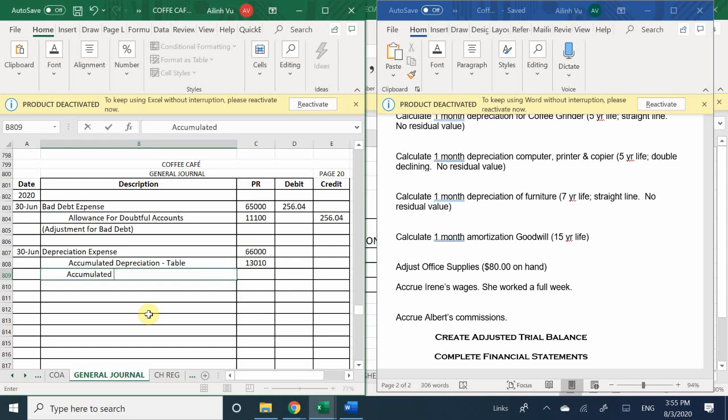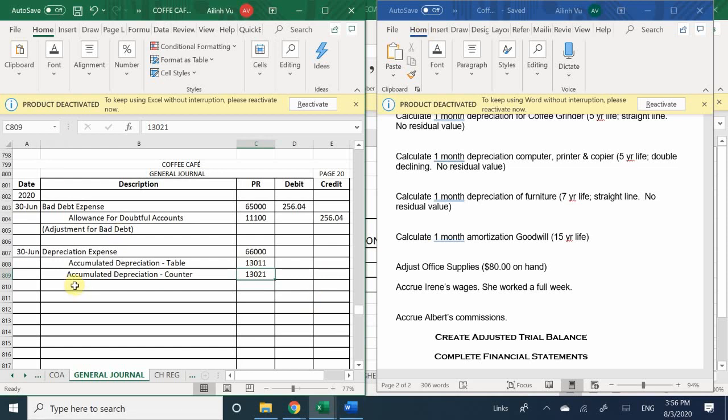Accumulated depreciation counter, 13021. Got that one.